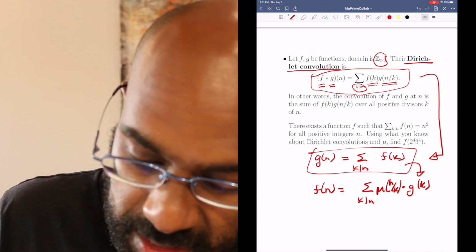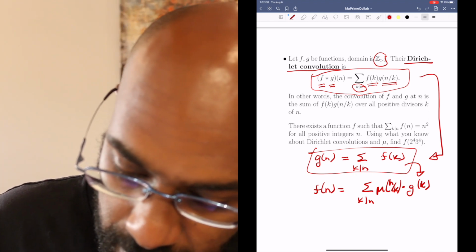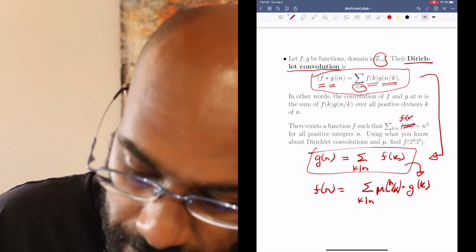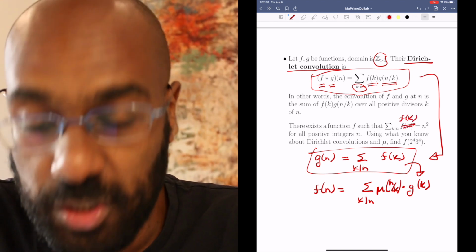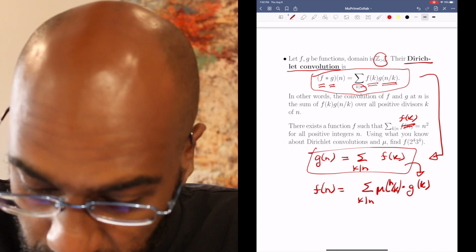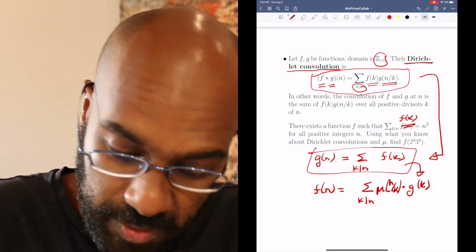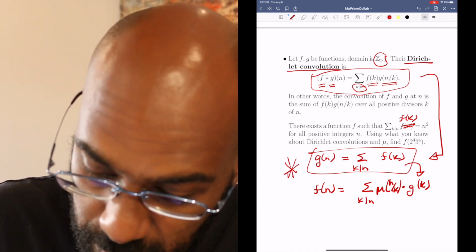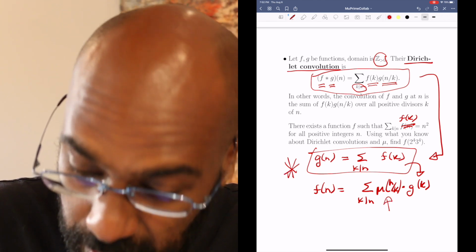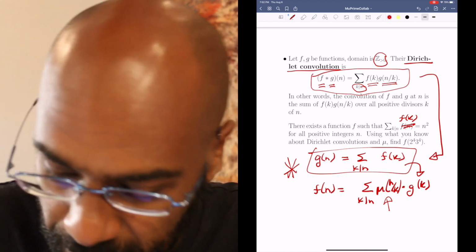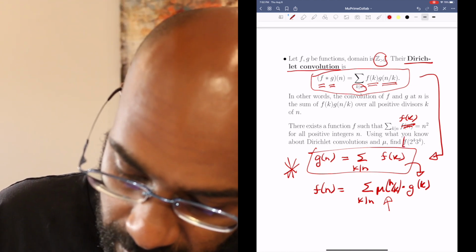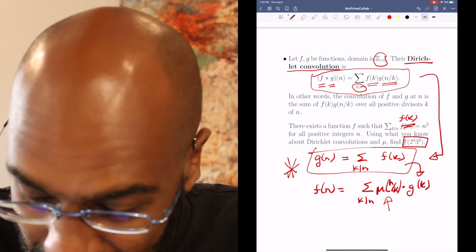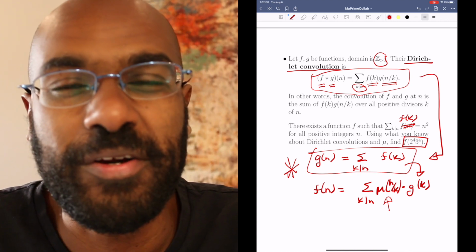And it says there exists a function f such that the sum over k dividing n of f of k is n squared for all positive integers n. Using what we know about Dirichlet convolutions, which is really this consequence right over here, and this mu function that we developed, and this is the mu function we talked about earlier, find f of 2 to the 4, 3 to the 4. So actually give this a try knowing this thing that we developed right over here.